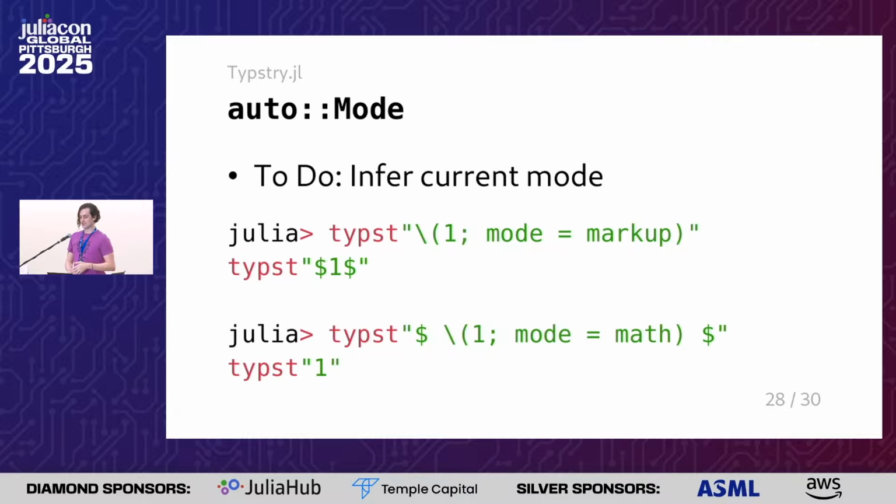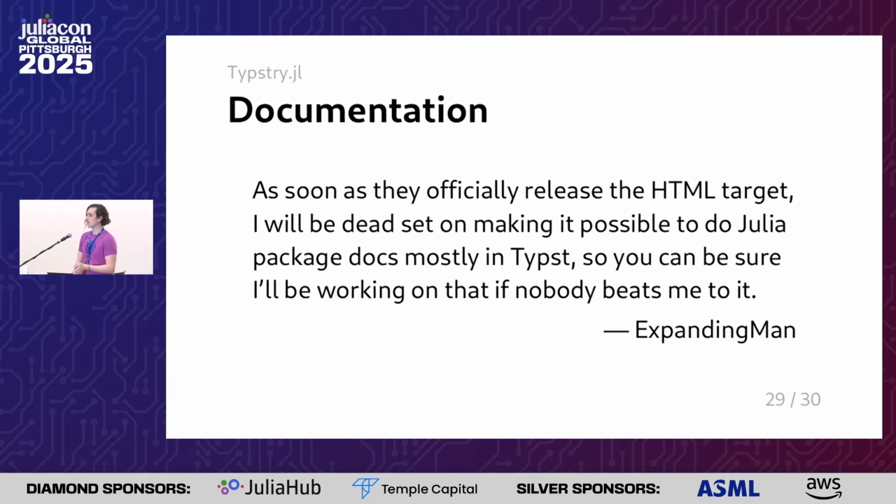Another possibility is to use auto instead of these specific modes. So in this second example, I'd send the whole string to the Typst compiler, ask it what mode it's in, and then it would infer that for me, so I don't have to specify the mode is math. And then probably the thing I'm most excited for, this was in a Julia Discourse thread.